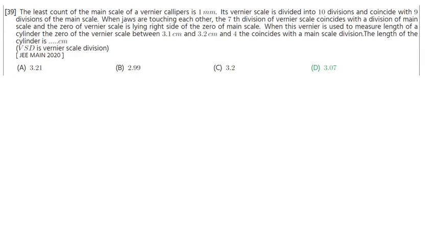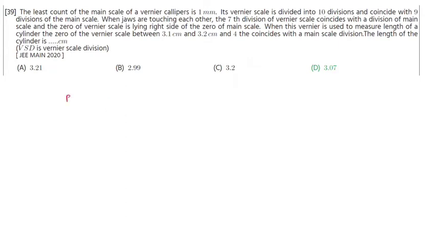See the next question. So the least count of a main scale of a vernier calipers is 1 mm. Its vernier scale is divided into 10 divisions and coincides with 9 divisions of the main scale. When jaws touch each other, the 7th division of the vernier scale coincides with a division of the main scale, and the 0 of the vernier scale is lying to the right. 0 of the vernier scale lying to the right means what error?